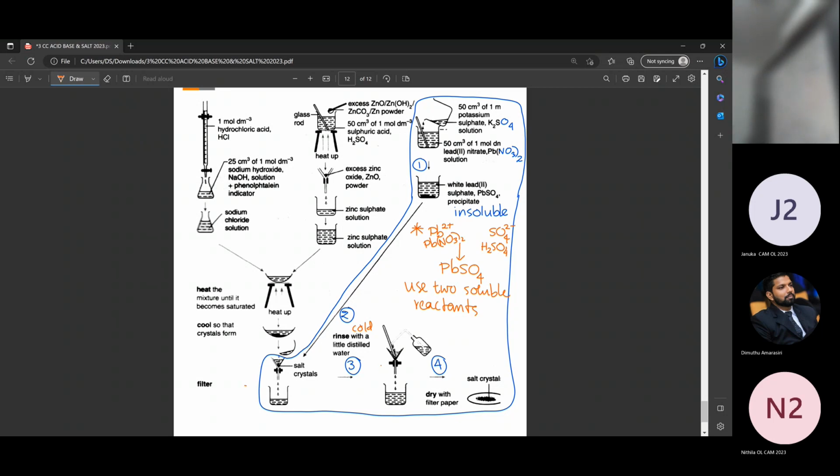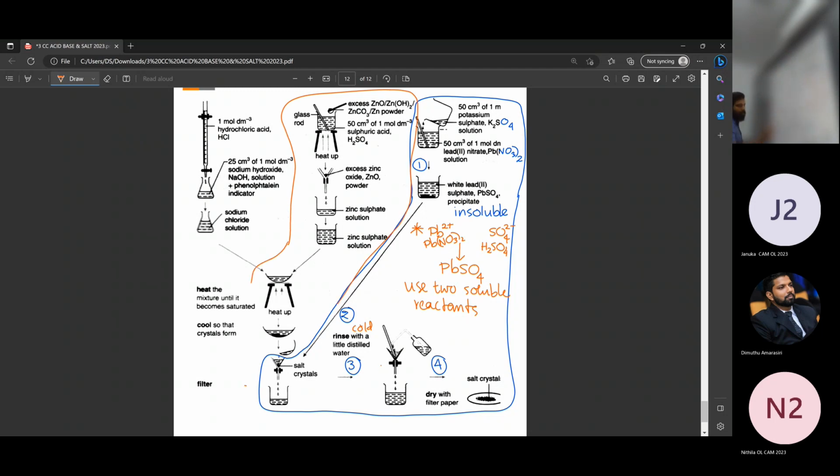Okay, so let's go to the next one. So you are going to prepare zinc sulfate. Now listen. We are going to prepare zinc sulfate. Now, zinc sulfate, this is the route.